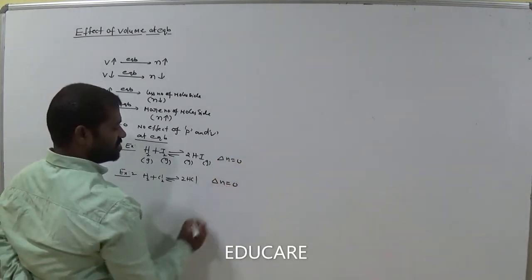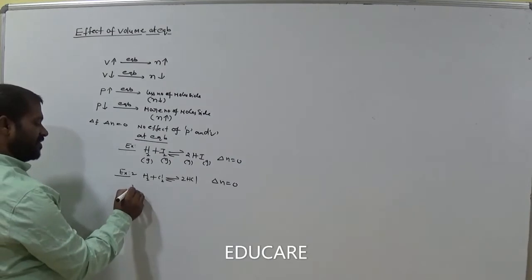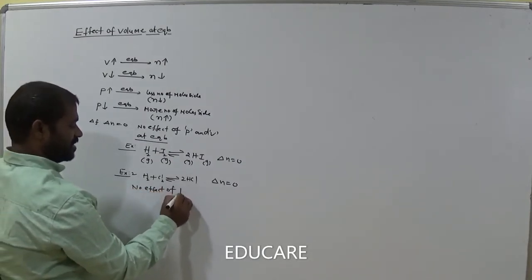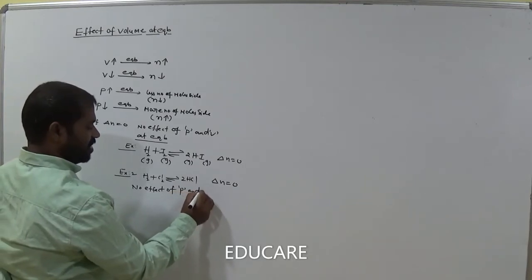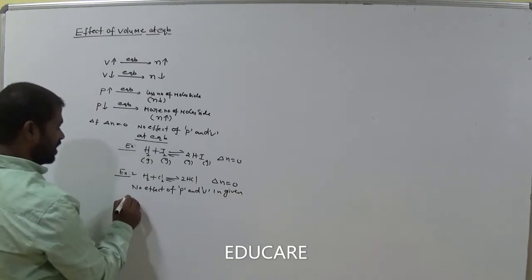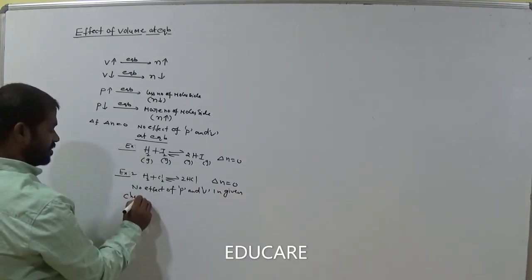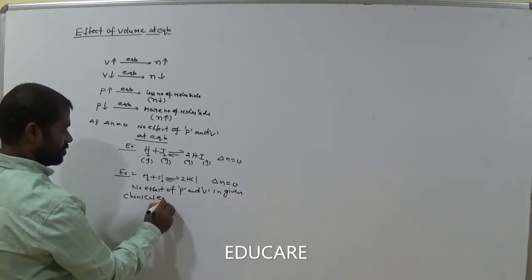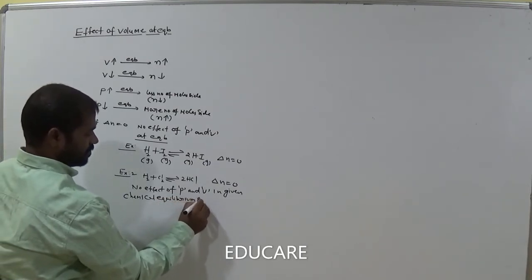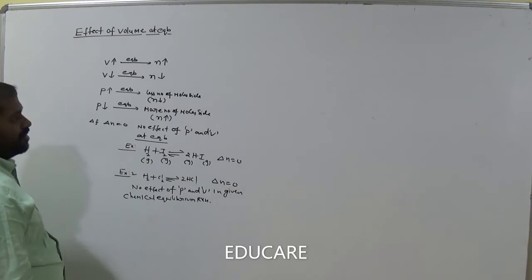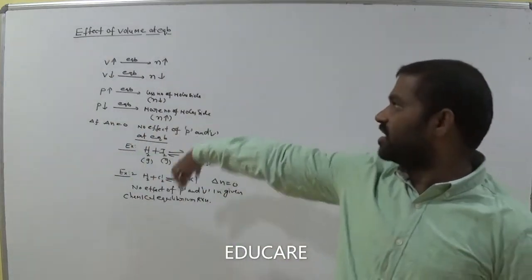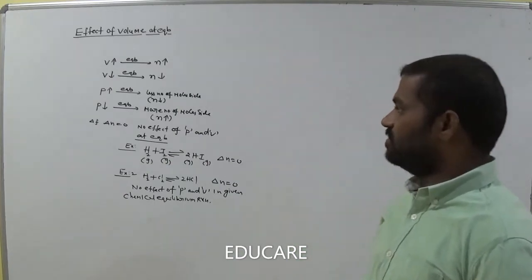Delta n equals 0, so there is no effect of pressure and volume in the given chemical equilibrium. Is it clear? This is the shortcut notation regarding the effect of pressure and volume.